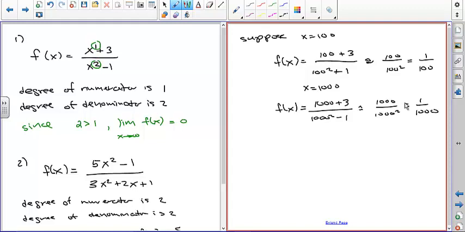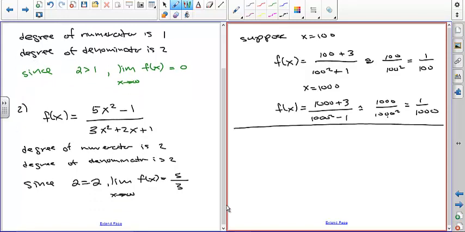So as x gets really big, the fraction goes to 0. In this case, we'd say that the magnitude of the denominator as x gets large overwhelms the numerator. It is going to continue to get much bigger than that. So that's one way you could know this goes to 0.